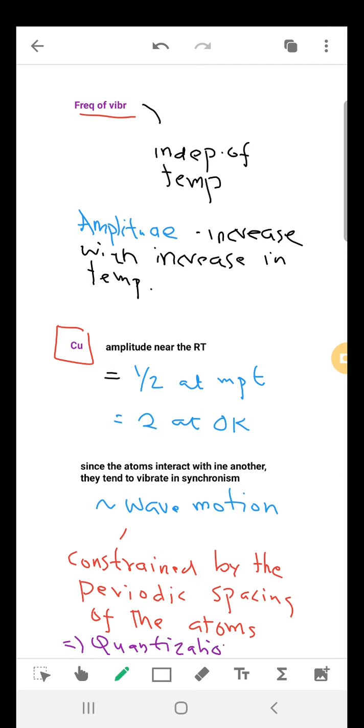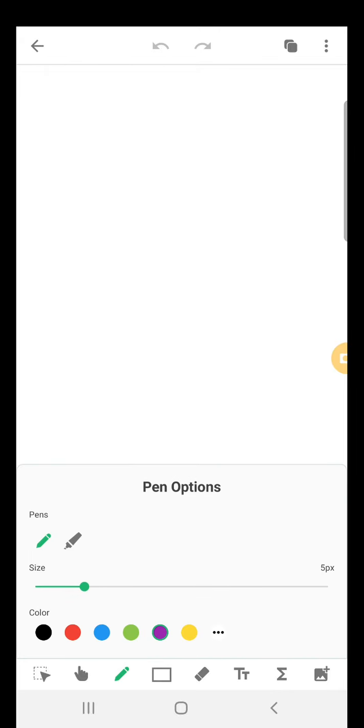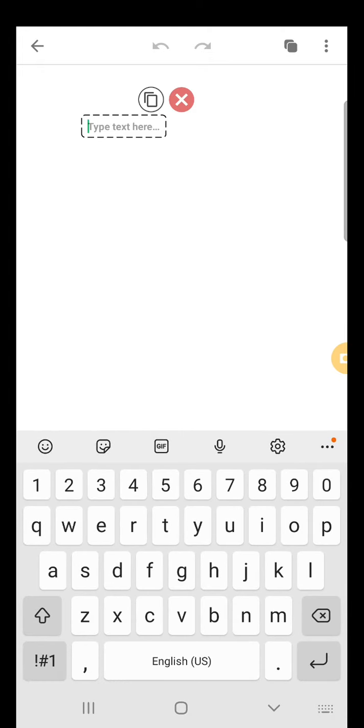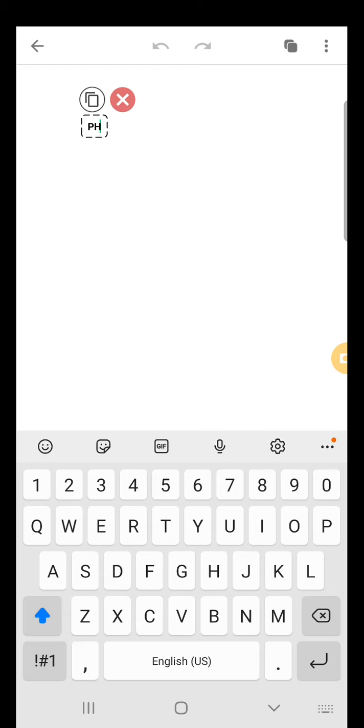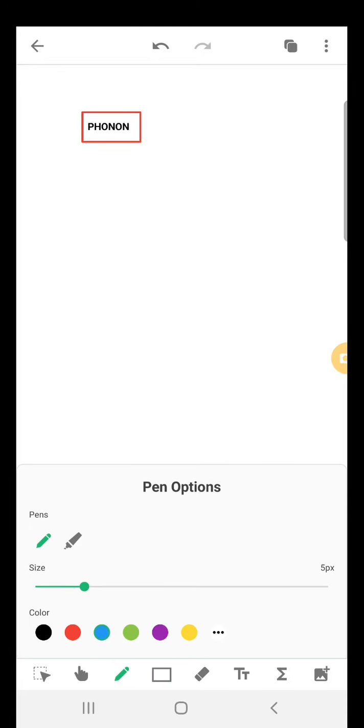We have quantized elastic vibration, which is called a phonon. A phonon is nothing but one of the quantized elastic waves.